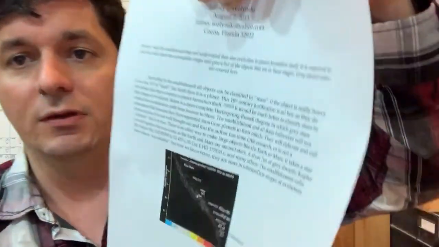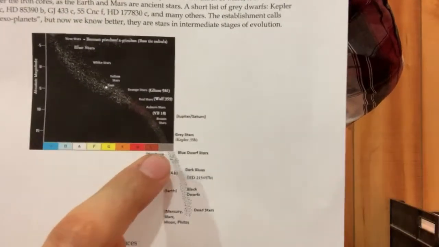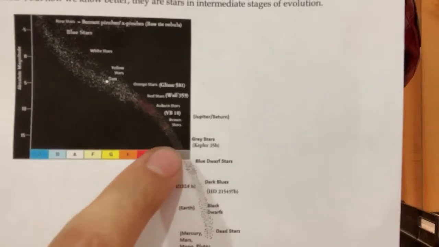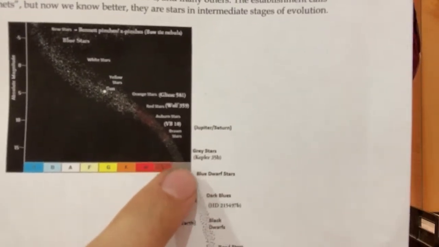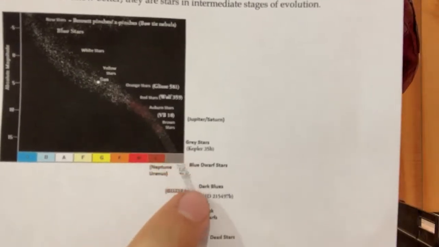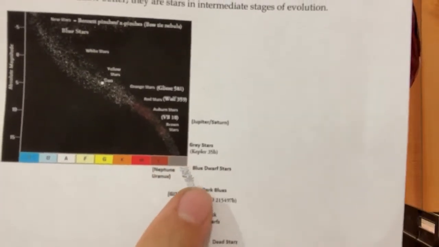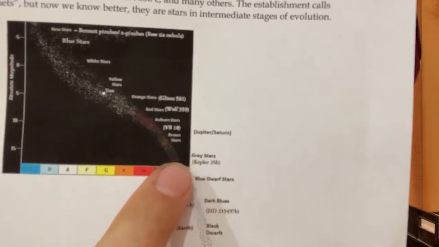And gray dwarf stars would sit between browns and blue dwarfs, which would be Neptune and Uranus. I know Daniel Archer had made another list. I have to remind myself to look at it, but basically this is where I was going in the very beginning. I was like, wait a second, this graph just keeps on going like that. And the grays sit right about here.